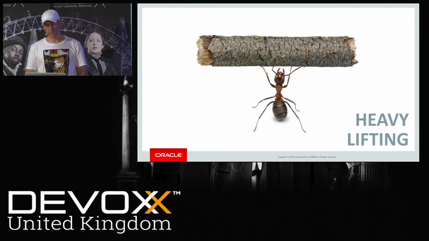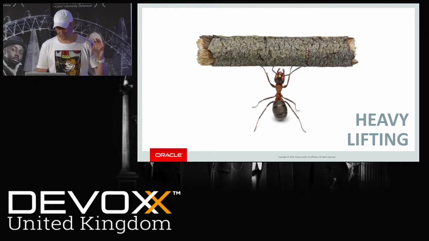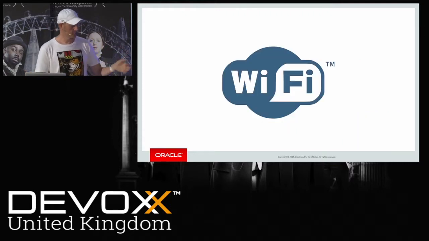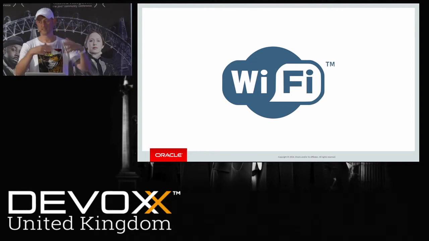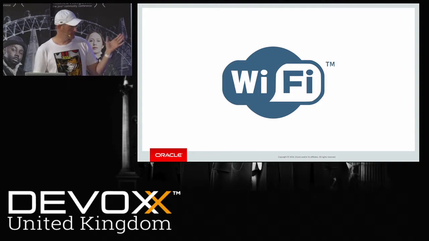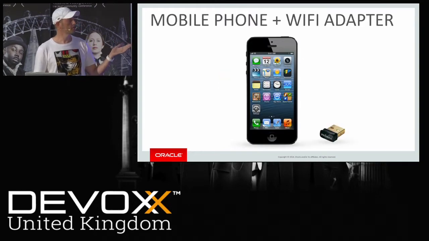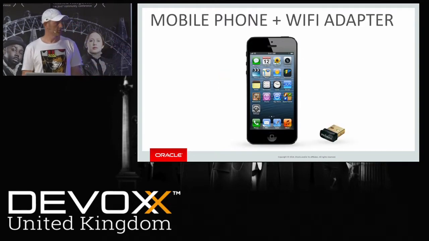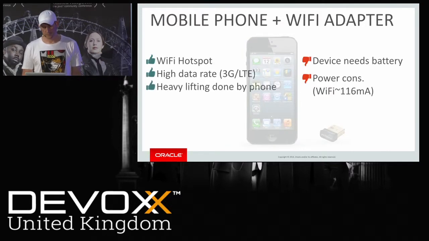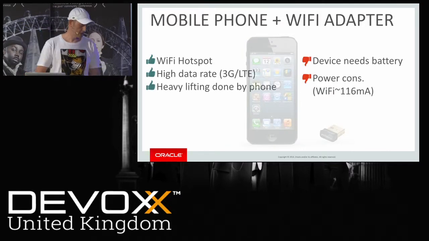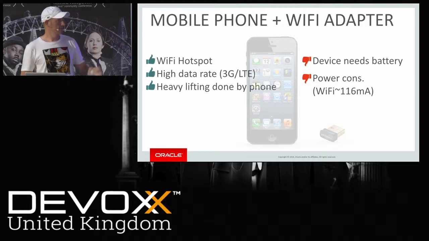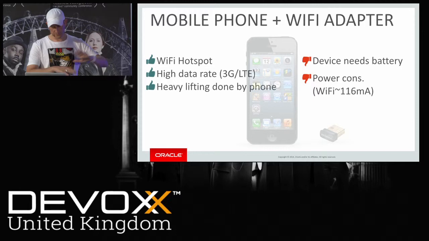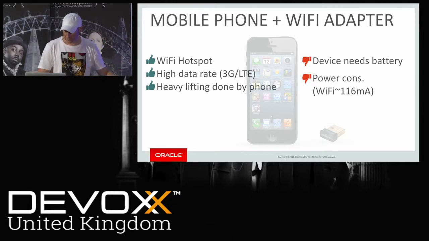So connectivity is the next point, and this is really heavy lifting. This is the most important thing when doing wearable stuff: you would like to get the data somewhere live. The first approach that I did was Wi-Fi, simply using a phone and a little USB adapter like this. The good thing is that you just open a Wi-Fi hotspot with your mobile phone, and then you can use the high data rate from the phone, and all the heavy lifting with the internet connection is done by the phone.